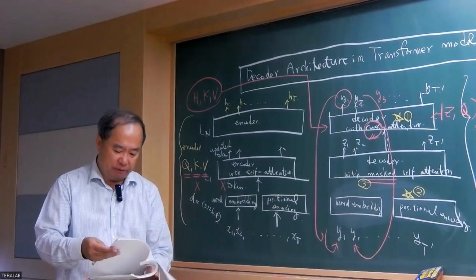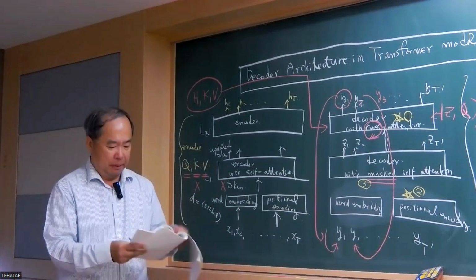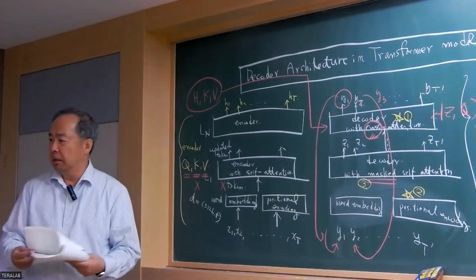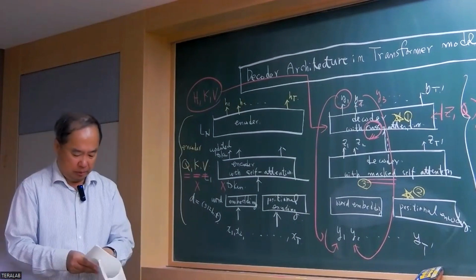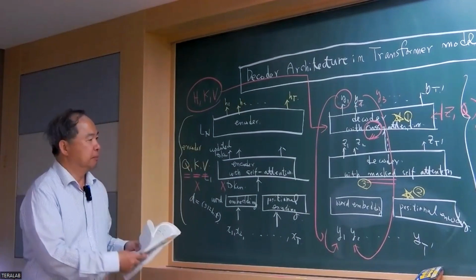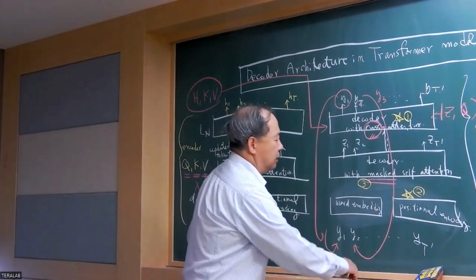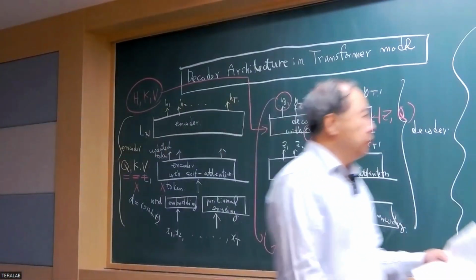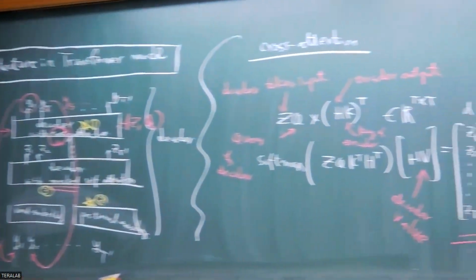This is the overall picture of the transformer architecture. Now, I would like to move on to positional encoding.